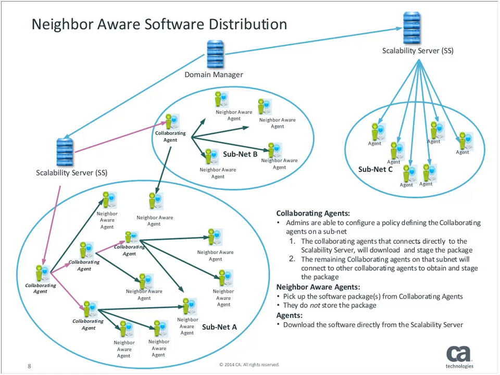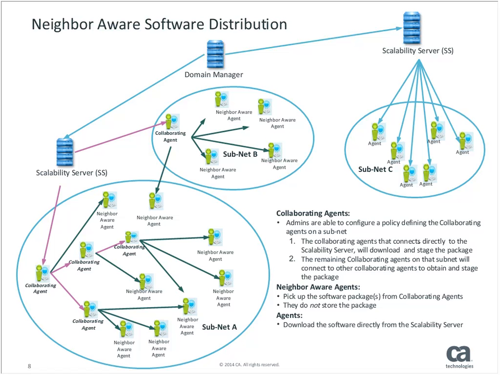For your other two subnets, subnet B and subnet A, these are your knowledge workers. And you would configure any number of collaborating agents on those subnets. So subnet B, in the middle of the page, you've defined one collaborating agent. And subnet A, at the bottom left-hand corner of the page, you've configured 4 collaborating agents.